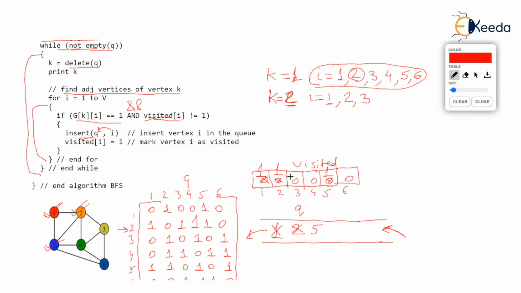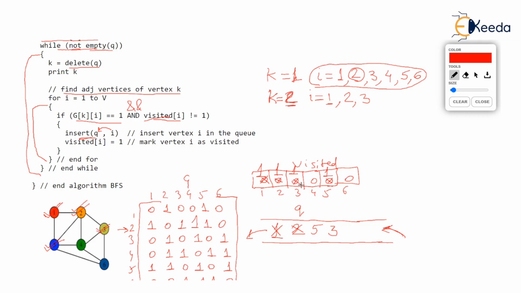So the if is true, hence we insert that ith vertex in the queue. So 3 will get inserted in the queue. And as soon as we insert that third vertex in the queue, we will mark it as visited. Marking the third vertex as visited means that we have already ticked this vertex.